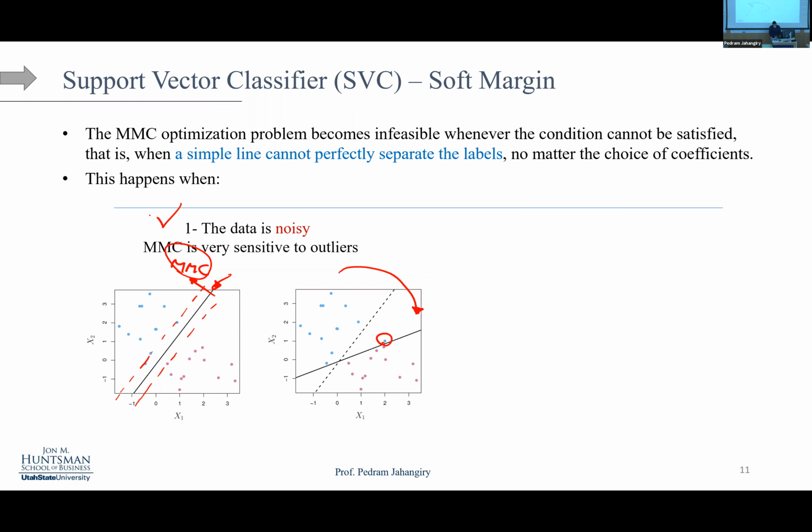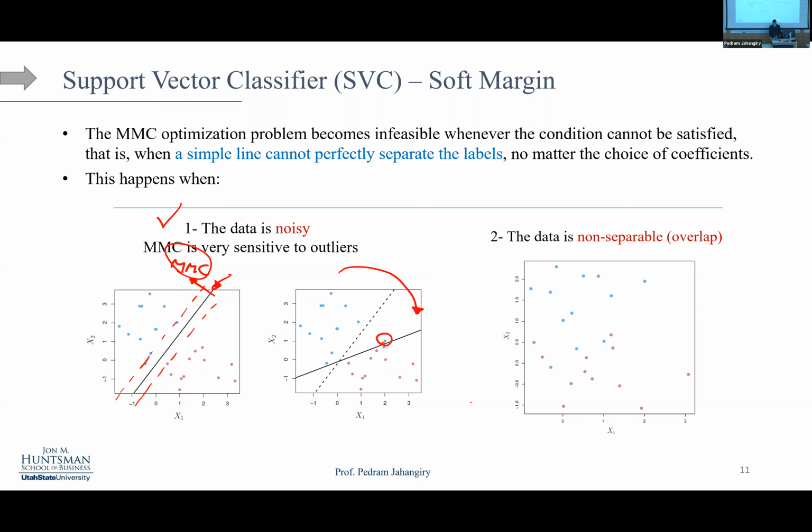Another case: remember, guys, on the left you can still use MMC, but it's not robust. On the right, you cannot use MMC. I want you to pay attention to these blue and reddish circles. Can you come up with a hyperplane?